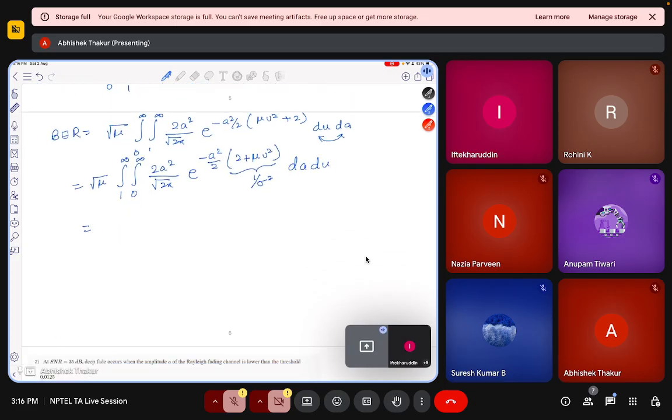So after that we will get 2 sigma square.